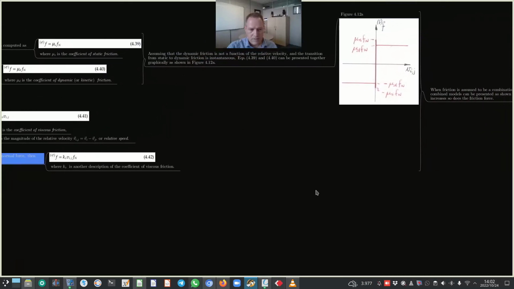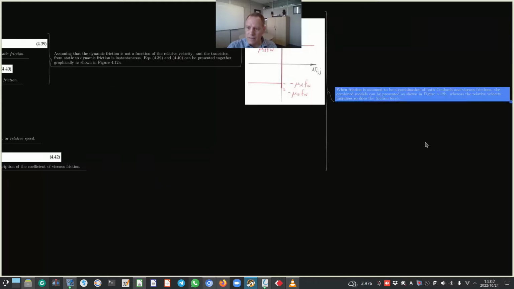Okay, so that's viscous friction. We looked at Coulomb friction, a very simplistic explanation, and we also looked at viscous friction. Now when friction is assumed to be a combination of both Coulomb and viscous frictions, the combined models can be presented as shown in figure 4.12b, where as the relative velocity increases, so does the friction force.